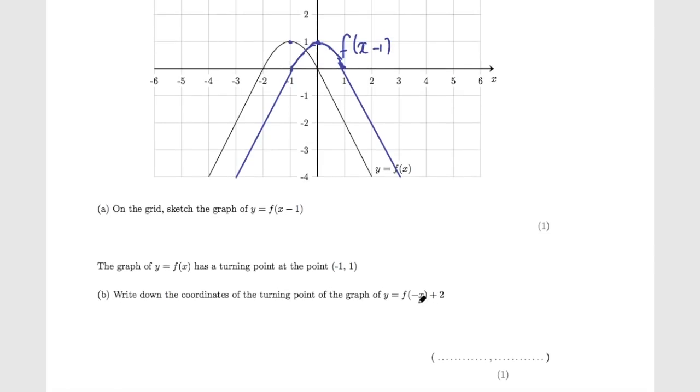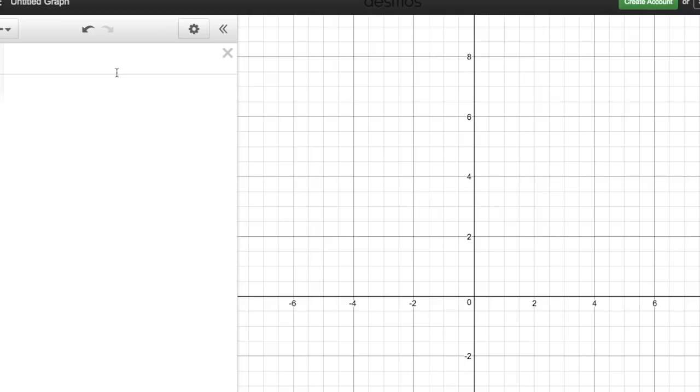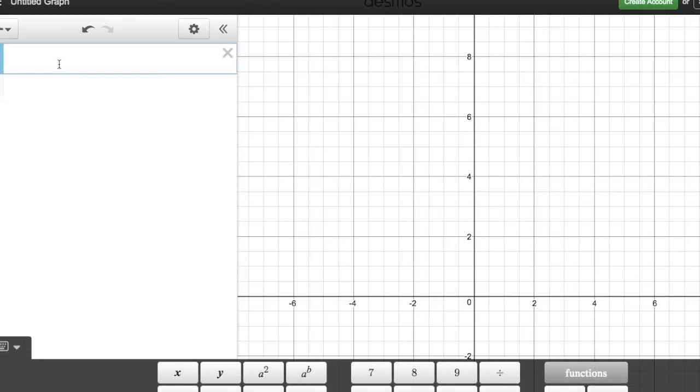Okay, so that minus x, what that actually does is to reflect the graph in the y-axis. So reflect in y-axis. And I might use a graphing application just to give some examples. So f of minus x, the only term in a quadratic that changes is the middle term.